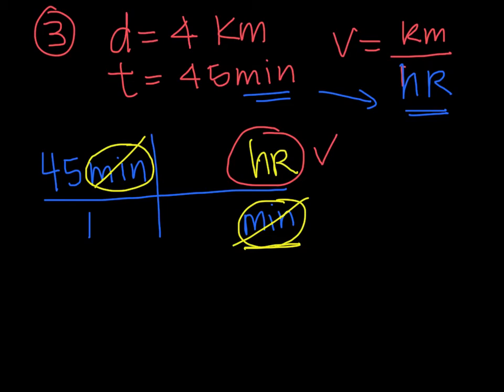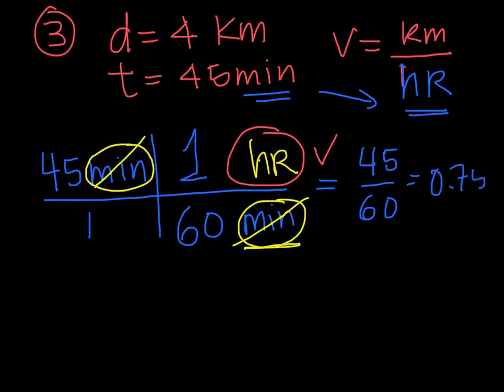So now, which one is bigger, an hour or a minute? An hour. And so I'm going to write a 1. And how many minutes are in 1 hour? 60. So, what is 45 divided by 60? It's 0.75. Don't forget, hours.